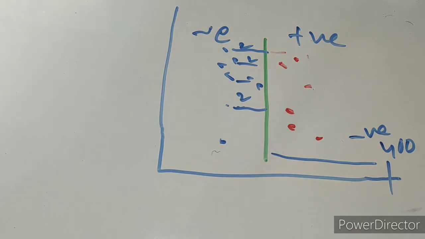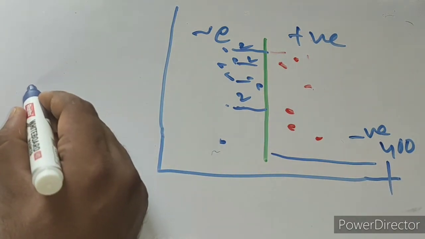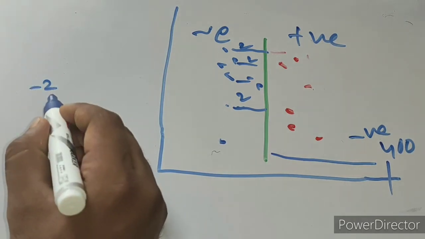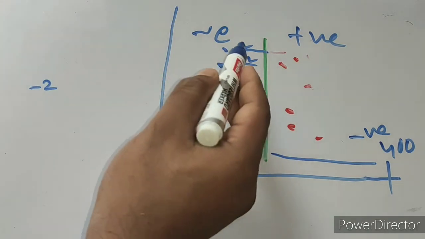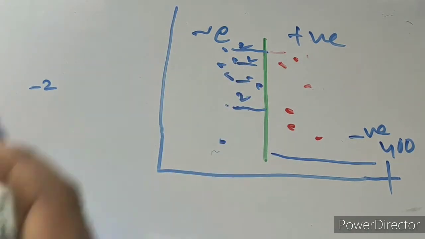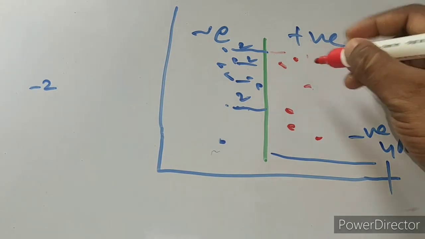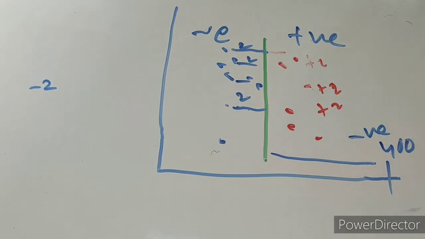Here the calculation formula says: -2 into -1. Again this is -2, -2, -2, -2, so 5 of -2 are there. Here also +2, +2, +2, so 5 of +2 are there.